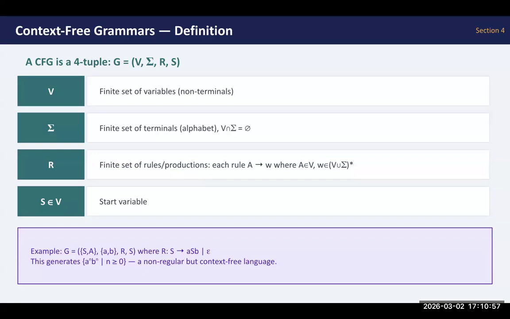And here, the start variable is S, and the rule is basically a, followed by S, followed by b, and then epsilon. This generates the language a^n b^n, where n is greater than or equal to 0. It is non-regular, but a context-free language, so important thing to keep in mind that even if you have a non-regular language, it can be a context-free language.